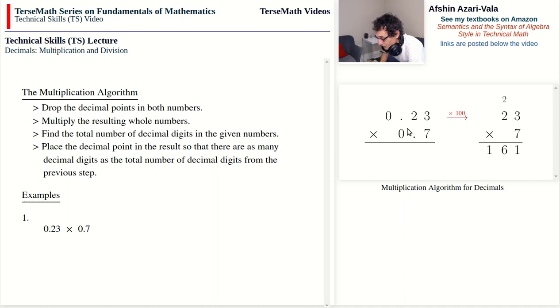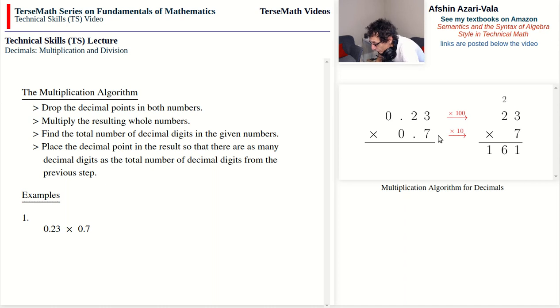And because moving the decimal point over 1 digit makes the number 10 times larger, moving the decimal point from here to the end makes the number 100 times larger. 0.7 becomes 10 times larger when we drop the decimal point. And again, that's because it's the same as moving the decimal point forward over 1 digit. And that makes the number 10 times larger.